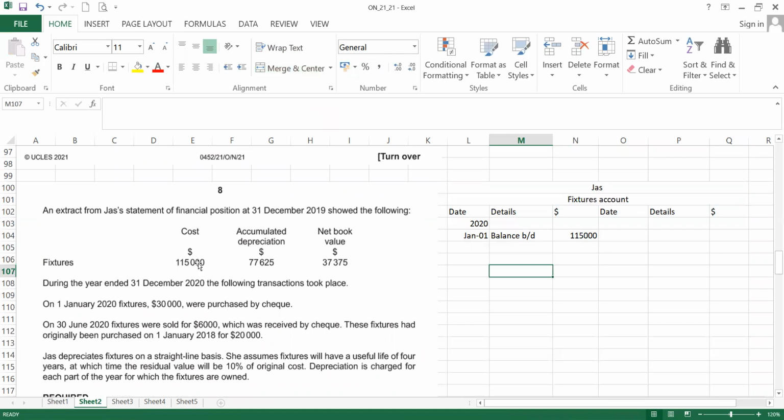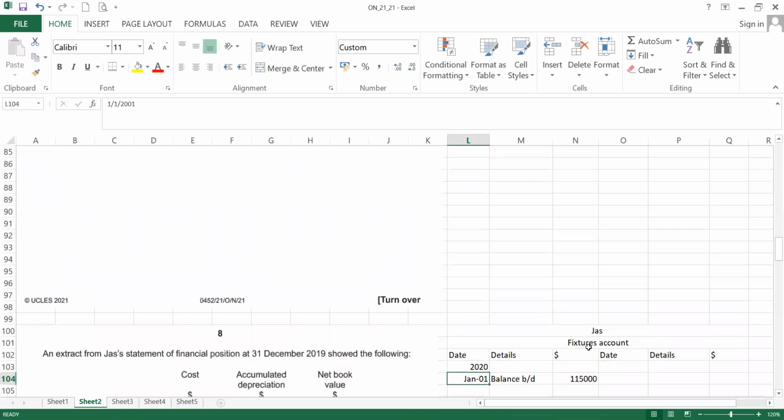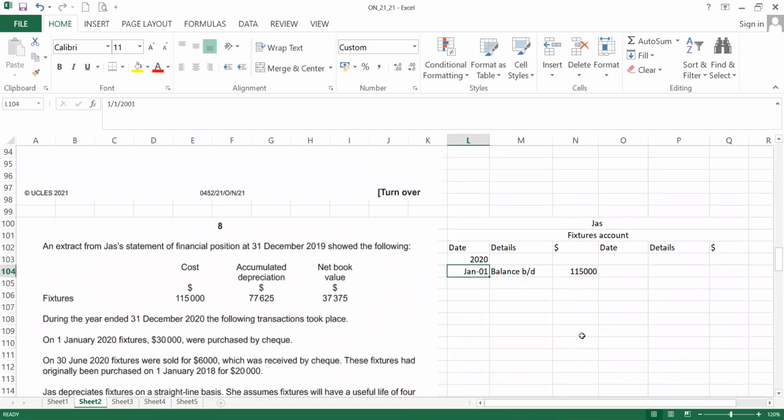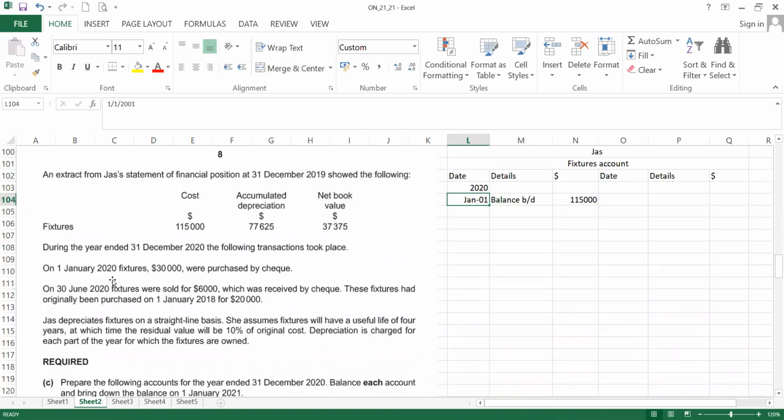Okay, beginning of the year we have this one. 2020, because the question is asking to prepare one year only, for the year ended 31st December. So one year account. So beginning of the year will be January 2020. Okay, purchase of the new asset, which falls on the first day. So this one by cheque means bank account, 30,000.